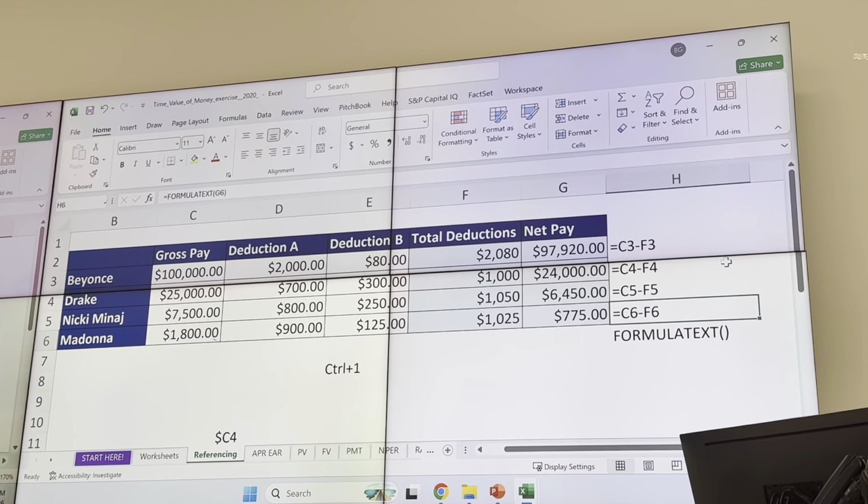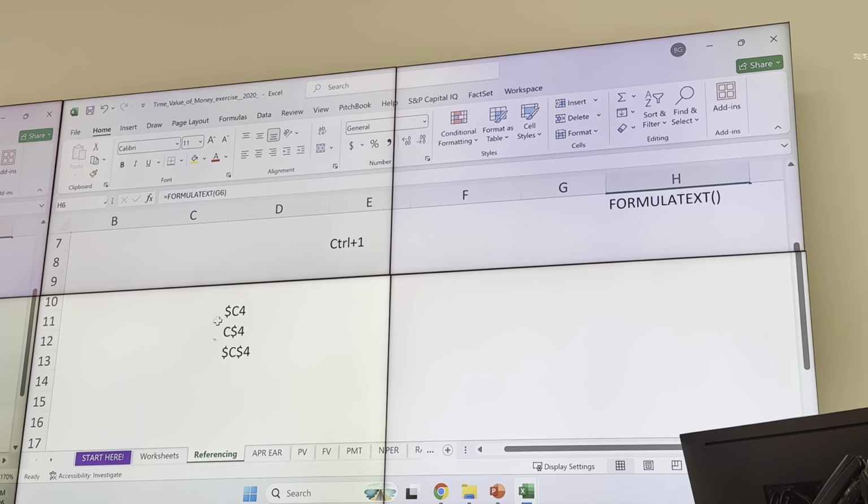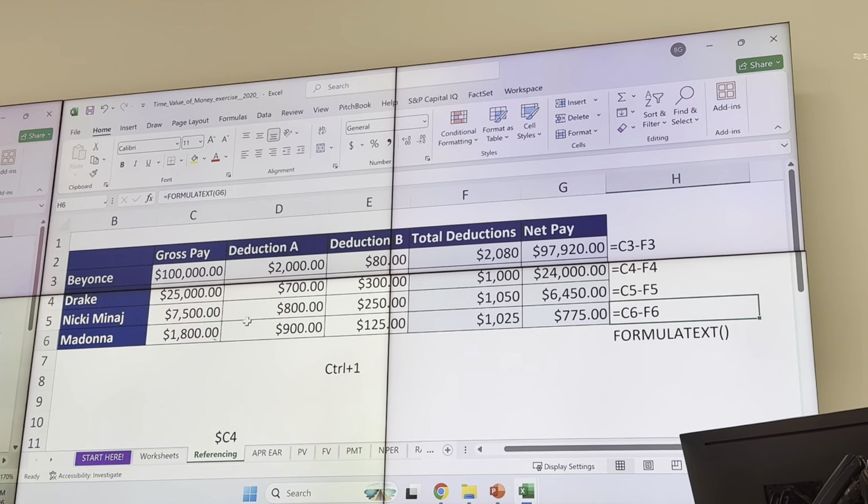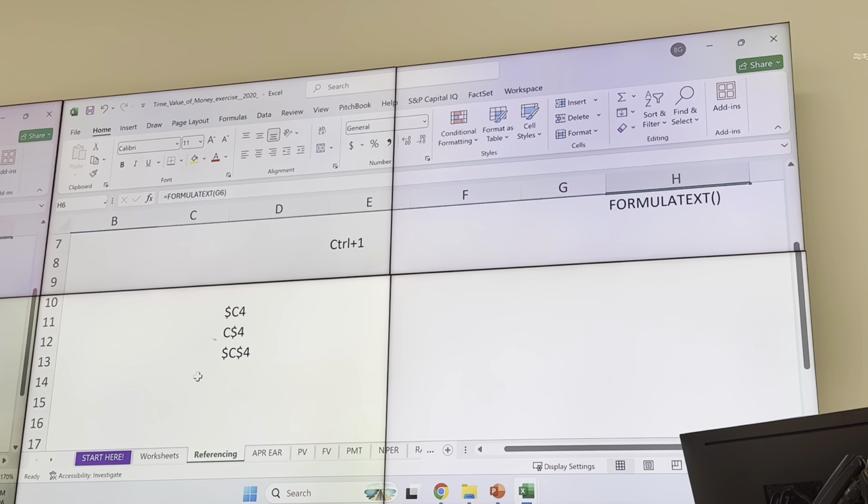My rows are changing, right? If we want to fix it, we have to fix it with this dollar sign. The dollar sign fixes each one of them. So for example here, this is fixing column but not row. This is fixing row 3 but not the column, and this is fixing a particular value.